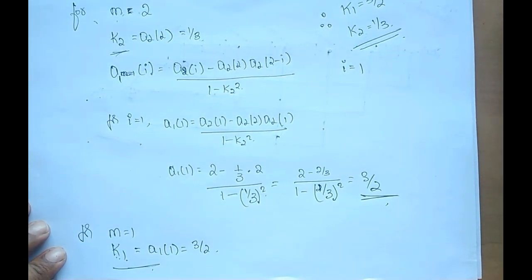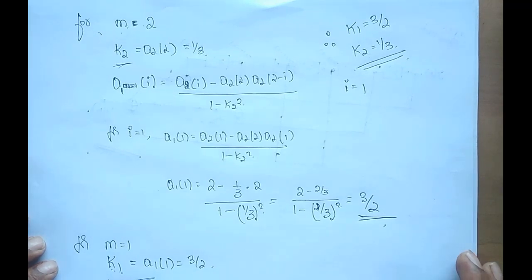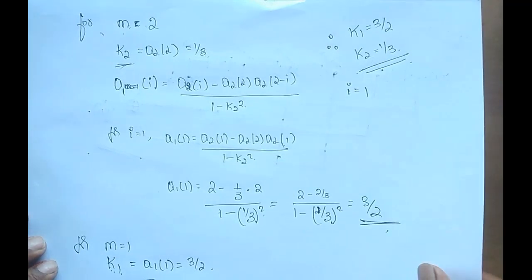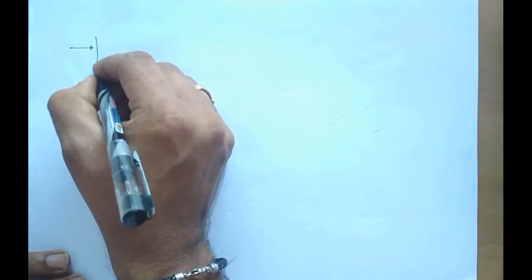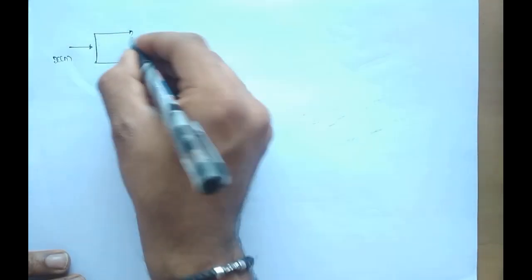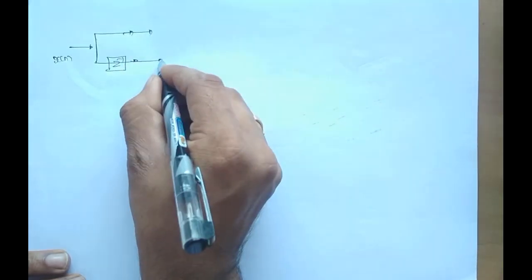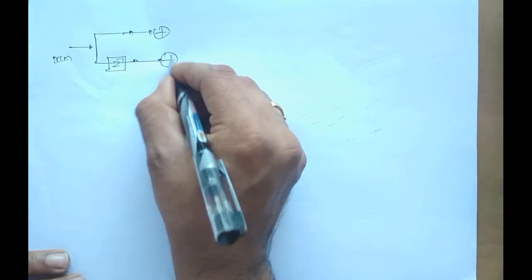Okay. So this is the conversion from direct form to lattice. Now we have to plot the second order lattice structure. So x of n comes in here, and there is a delay element here. So we have to add.